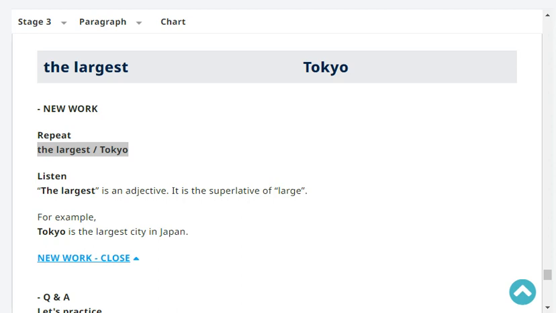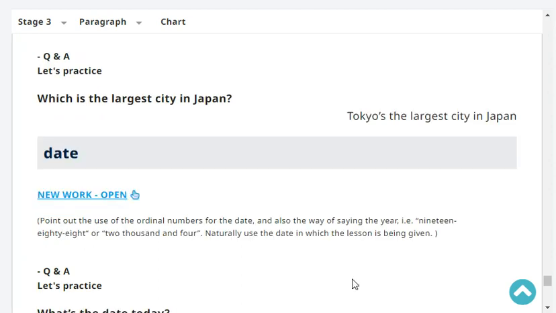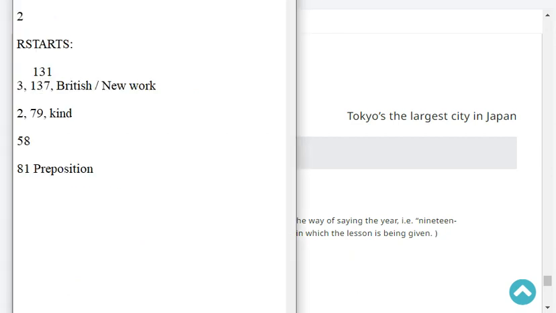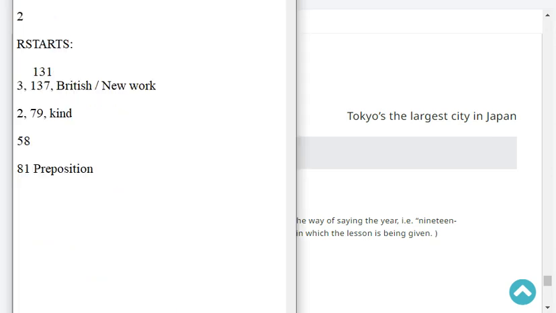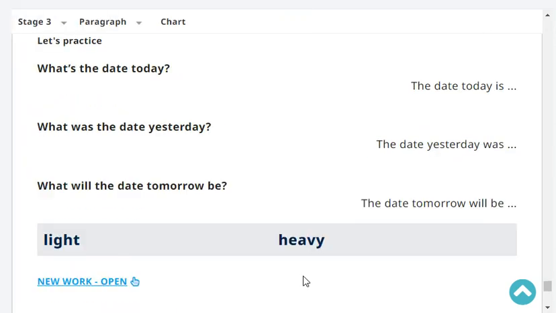It is the superlative of large. It means very large. For example, Tokyo is the largest city in Japan. Okay, let's practice. Which is the largest city in Japan? Tokyo is the largest city in Japan. Very good.